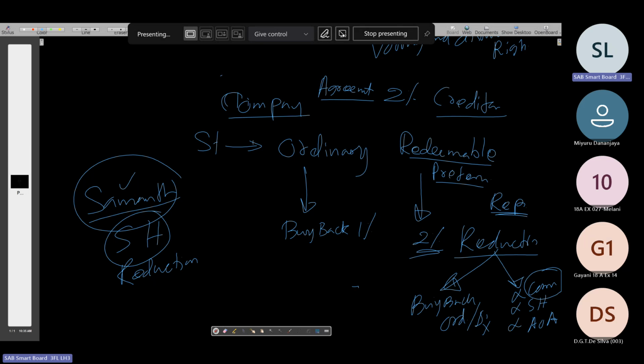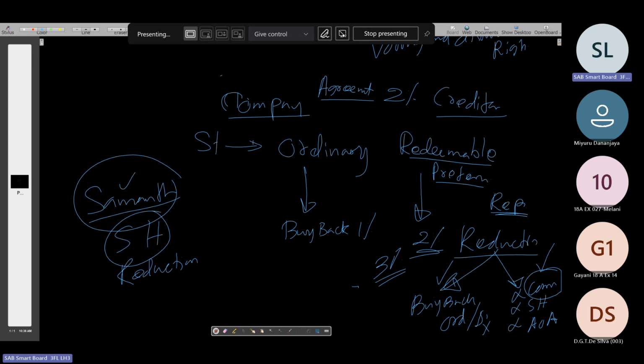We need not worry about the distinctions, because all of these methods amount to reduction of stated capital. The company is going to redeem the redeemable shares and buy back the ordinary shares. Altogether, 2% and 1%, 3%. The company is going to reduce the stated capital by 3%.